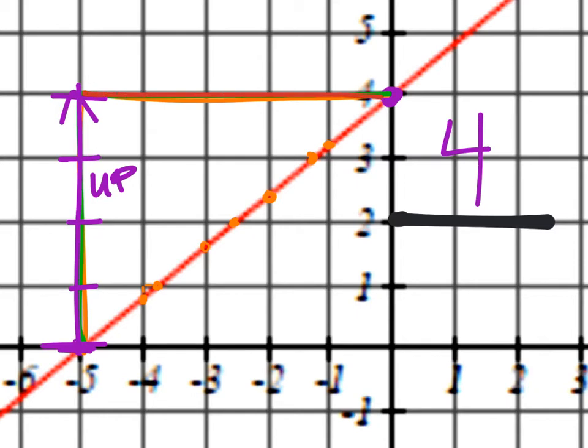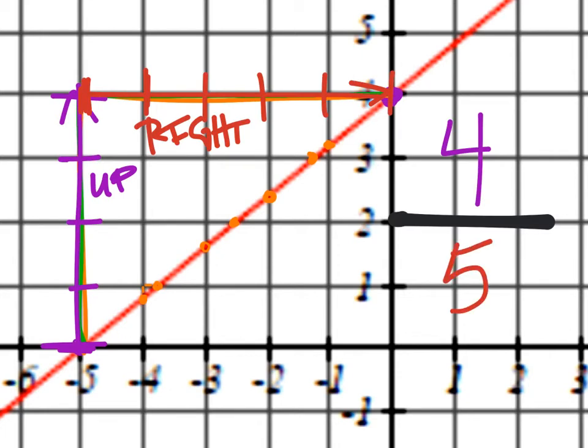The change in the x values, this one shows that it goes here to the right. Well, how far to the right? Well, starting at this one, we'd say it goes 1, 2, 3, 4, 5 to the right. Now, since it's 5 to the right, I keep the 5 positive. And the last thing I would do on this is just to check and see if this fraction could be simplified.